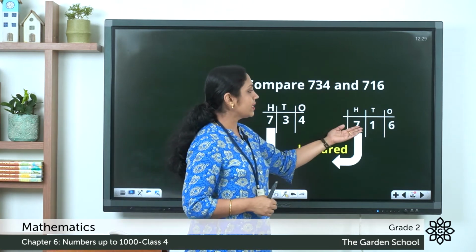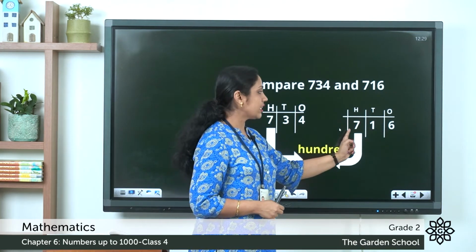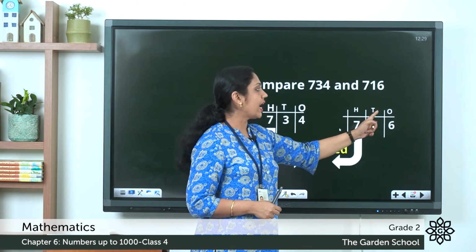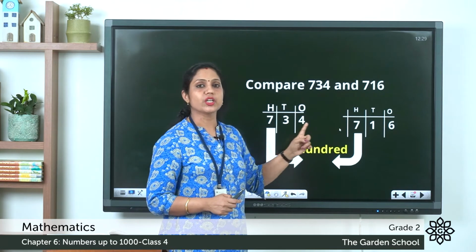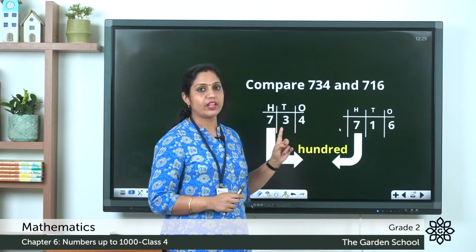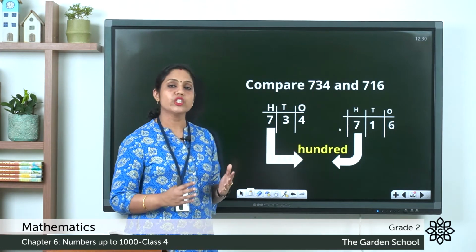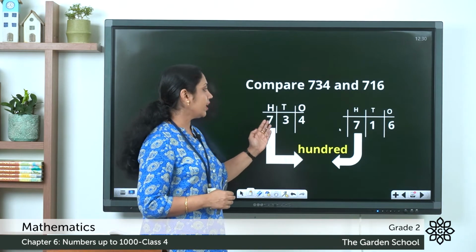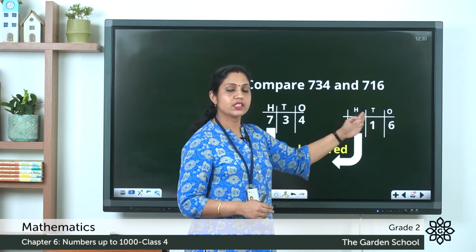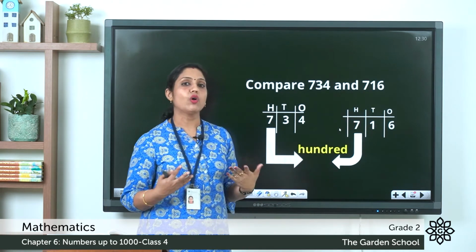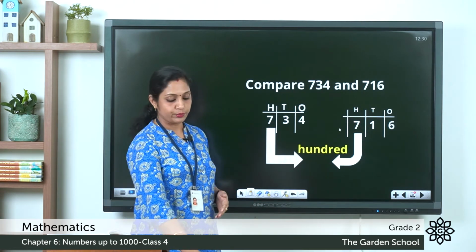And for the number 716, we have 7 hundreds, 1 ten and 6 ones. So in the hundreds position, both the numbers are 7. So how can we find out which number is greater? Here in the number 734 we have 700 and in the number 716 also we have 700.